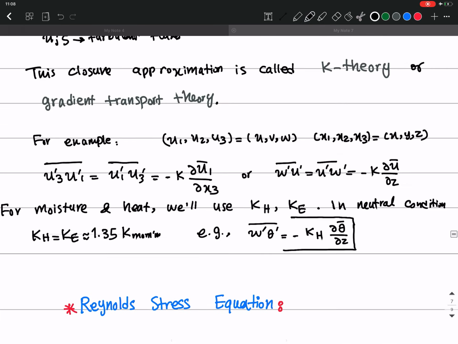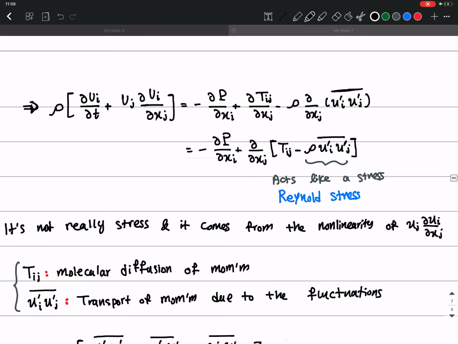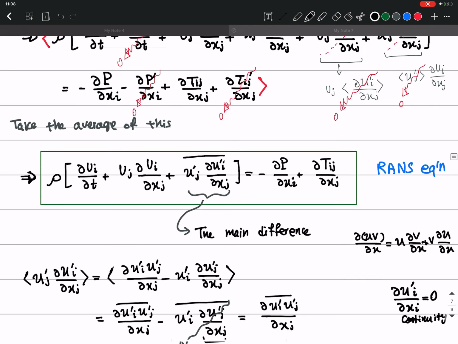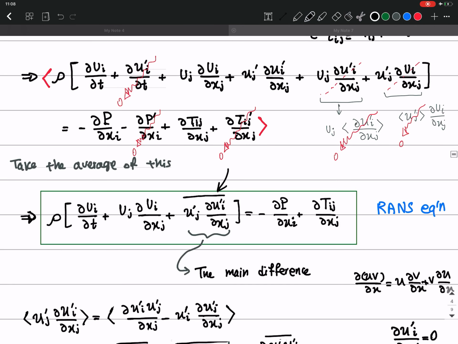The last term comes from the RANS equation. I took this to the right hand side. Okay.